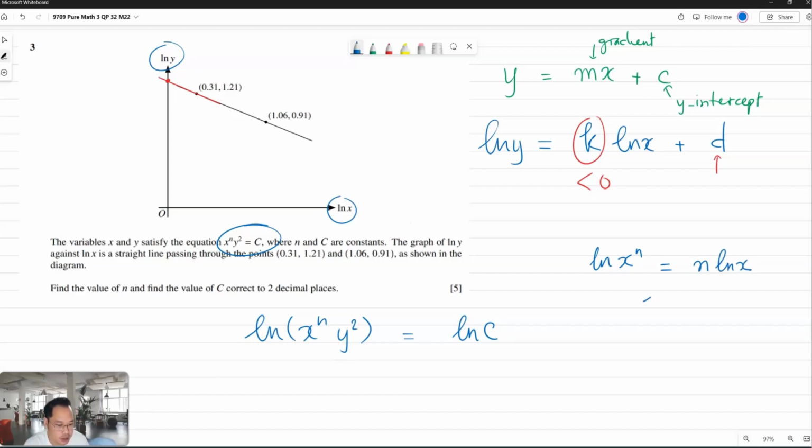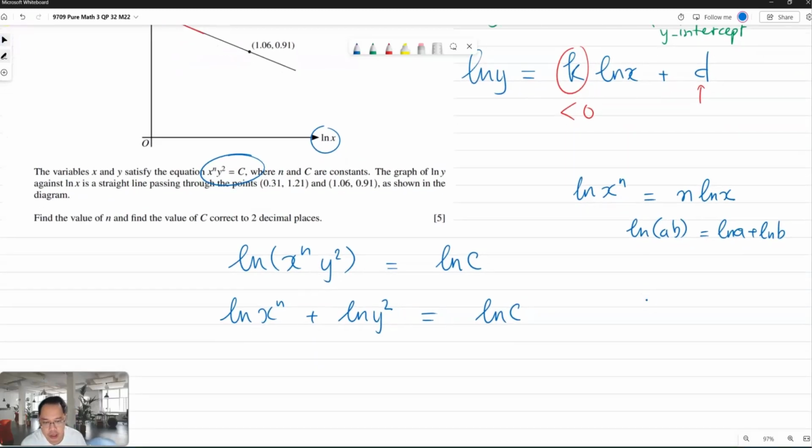And the second property, ln of a times b, is equal to the sum of ln a and ln b. So here, ln of x power n times y squared will be equal to ln of x power n plus ln of y squared, which equals ln c.